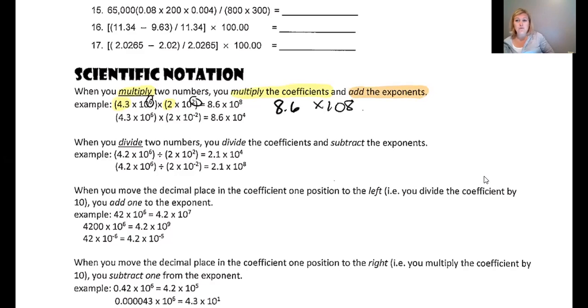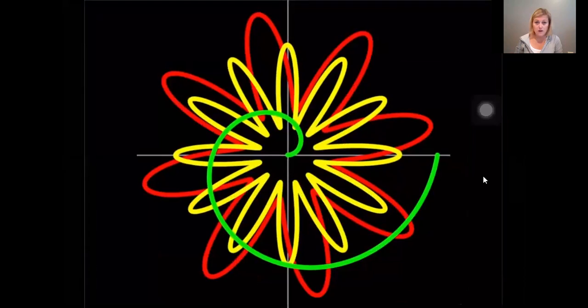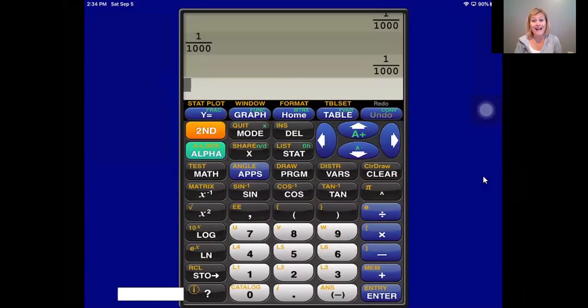Another way that you may want to learn how to do this is actually using your calculator. This may be new to a lot of you, but I'm going to exit from this screen and show you how to do that problem we just did on a scientific calculator. Okay, so here goes the scientific calculator. This looks a lot like many of the calculators that you are using.